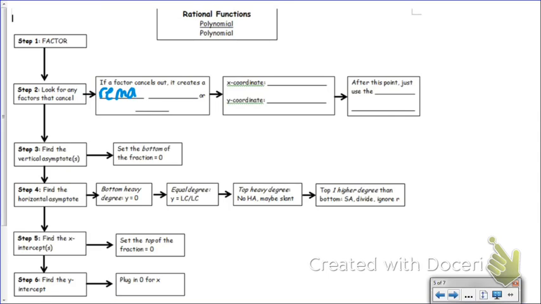I'm not going to have a lot of space here because I need to write this big enough for you to be able to read. But that is a removable discontinuity, or a hole. To get the x-coordinate, that is the 0 of the canceled factor.